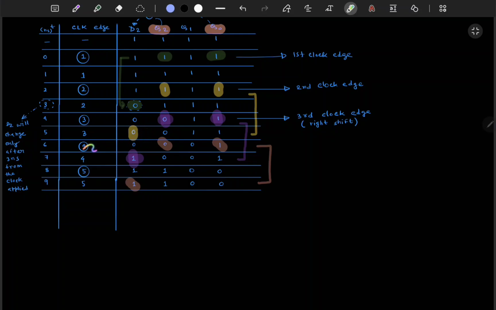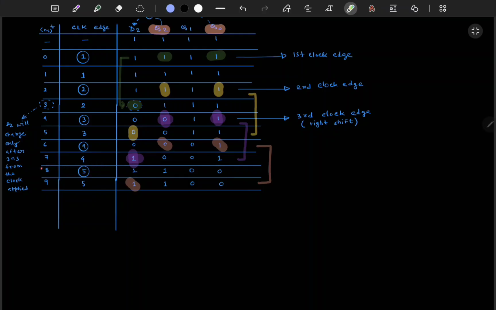Now again the fourth clock will be there, so it will be right shifted again, and it will remain the same. Now again after the 7th second it will be 1, because these two's XOR will come here. After this clock, 3 nanosecond over, these two's XOR will be this, and the remaining will be the same.